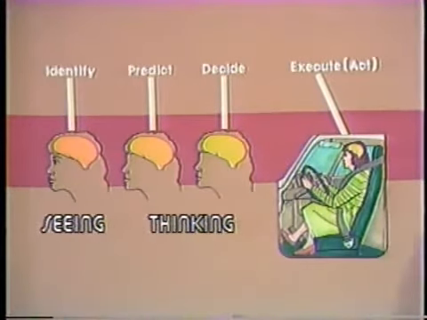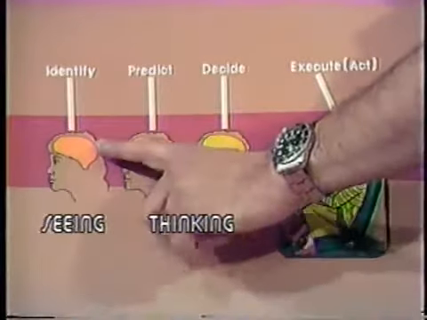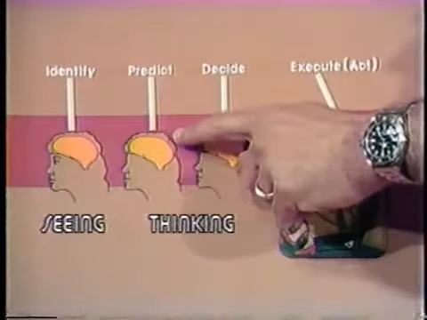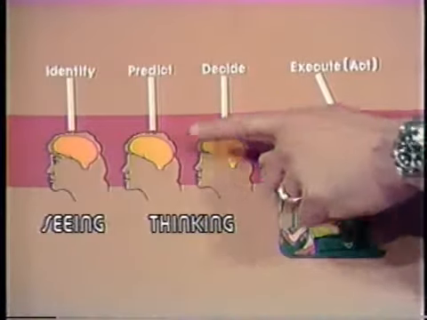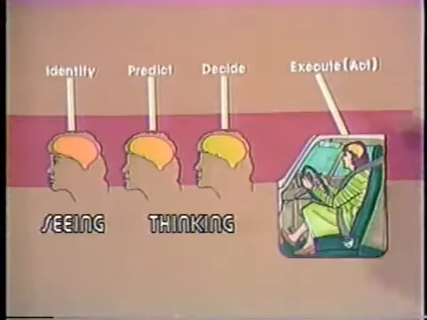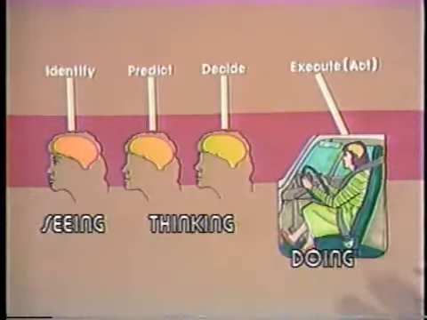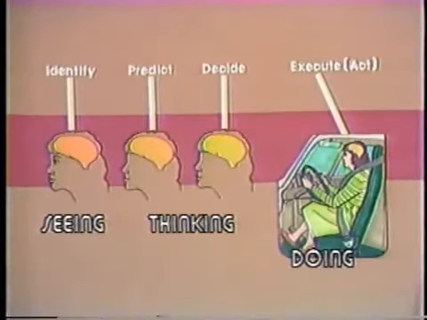Then finally, after the driver has identified the potential hazard, predicted what he may do, made a decision based upon the prediction, then he is going to execute. That is, actually move the hands, move the feet, or whatever in order to avoid this potential hazard. We call this the doing process.